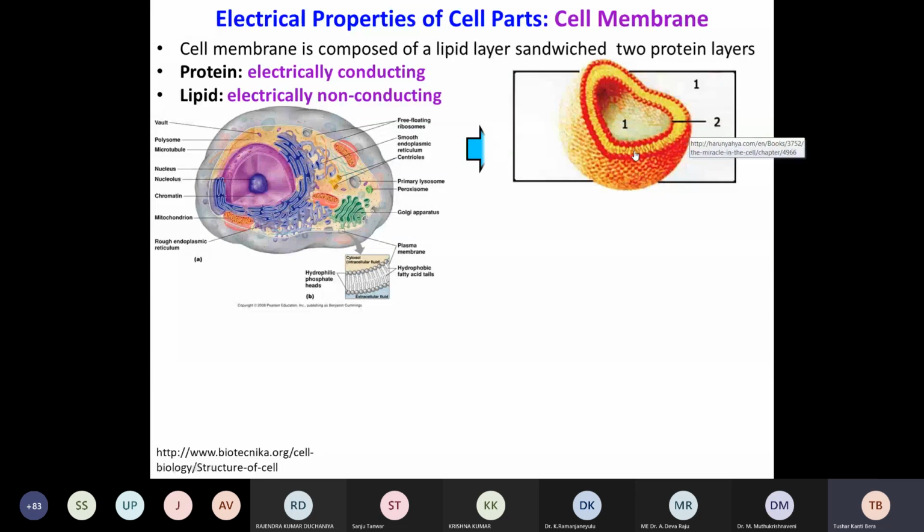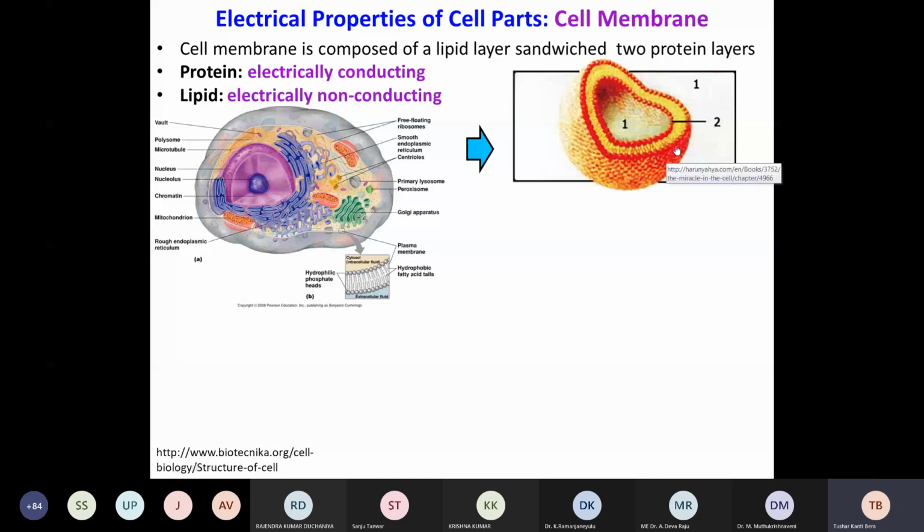But the internal lipid layer is oily in nature, so that is fat and hydrophobic, a water-hating material, so it will not have any water inside it. So the layers with more water will be conducting, with both conducting layers sandwiching one insulating material, so there will be some capacitive property from the cell membrane.